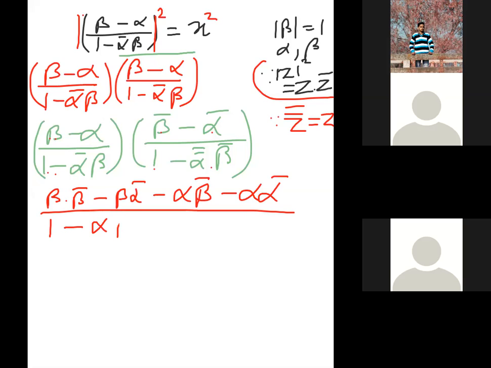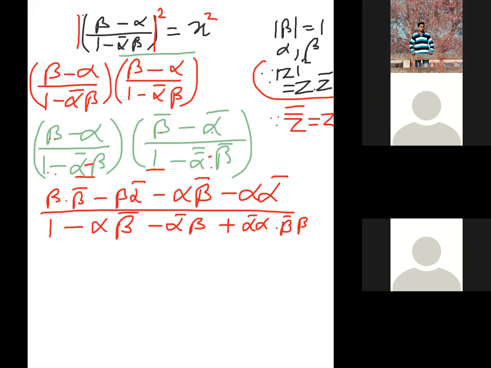I am writing alpha beta conjugate. Now this into this, it becomes minus alpha conjugate beta, and at the end this one and this one getting multiplied, so it will be minus minus plus alpha conjugate alpha into beta conjugate beta.